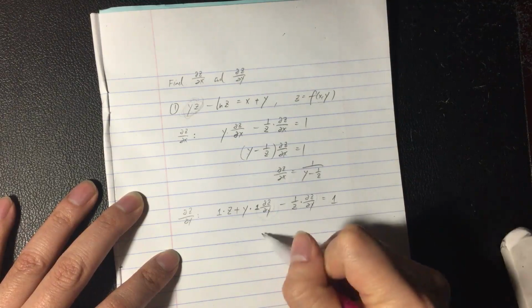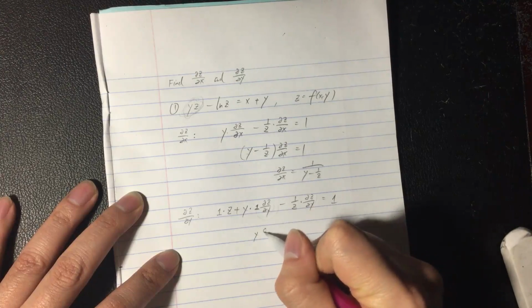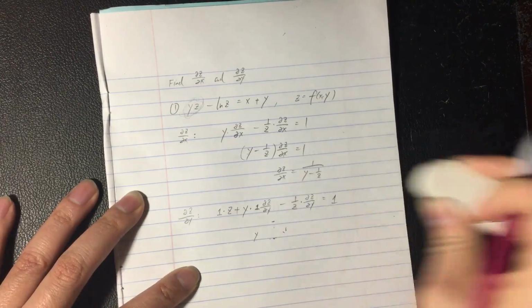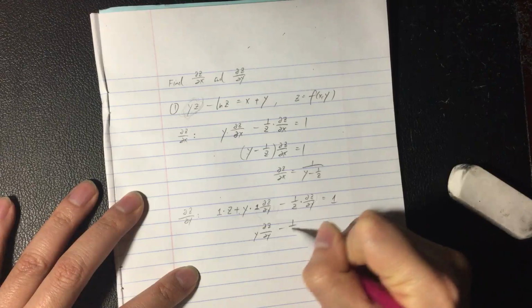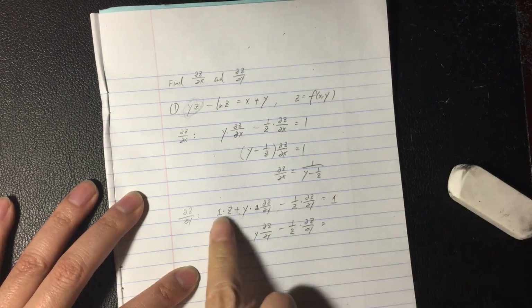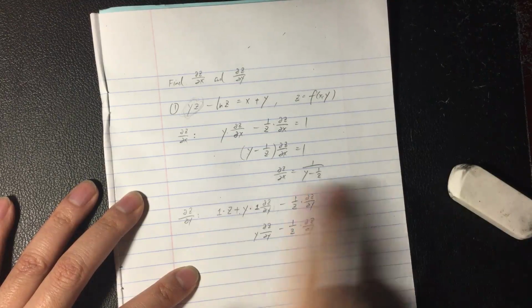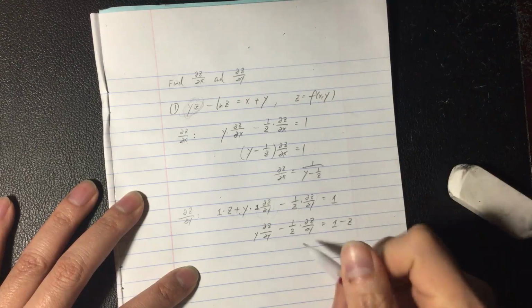I first of all multiply y and 1 together. I get y times ∂z/∂y minus 1/z times ∂z/∂y. Move the first term over. I get 1 minus z.